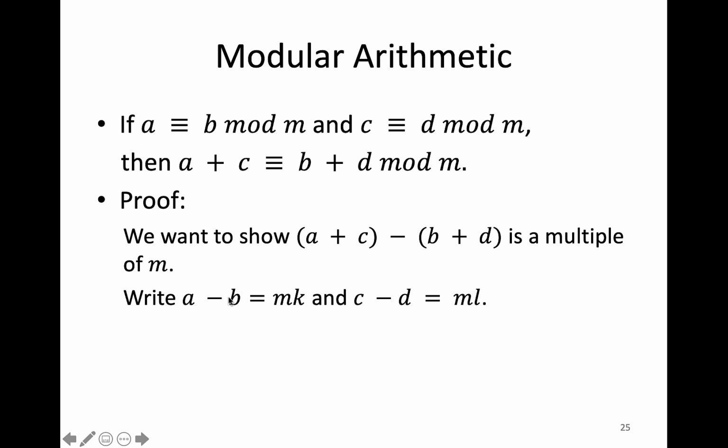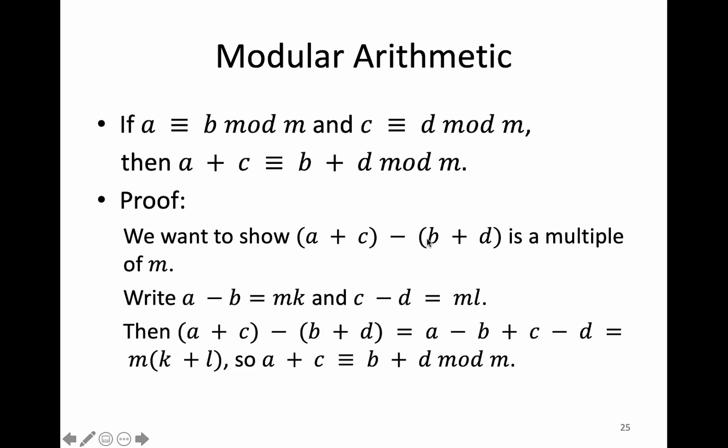So from here, I know that A plus C minus B plus D can be written as A minus B, which is this one, plus C minus D, which is this one. So right now what we have done is we remove the bracket and we change the position of the terms.